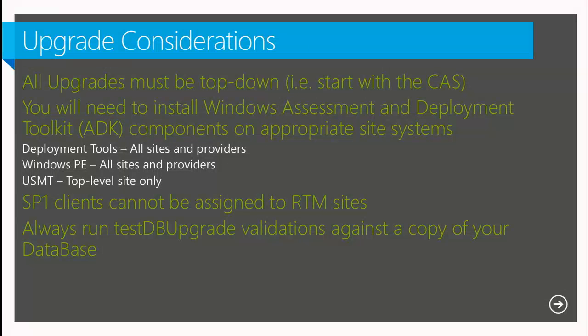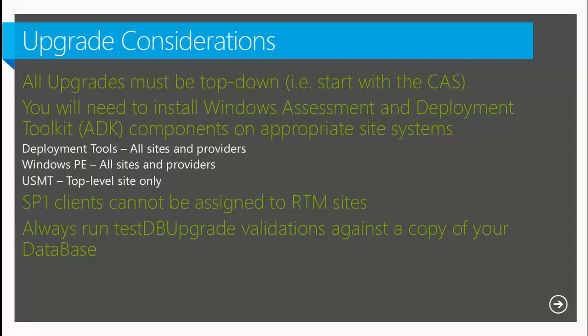Now, where we start running into our differences begin with the different OSD operating system deployment components that we use in SP1. So you do need to have the Windows ADK, and you have to have specific components installed on specific site systems. Now, in 2007 and 2012 RTM, these components were installed for you during setup and upgrade.